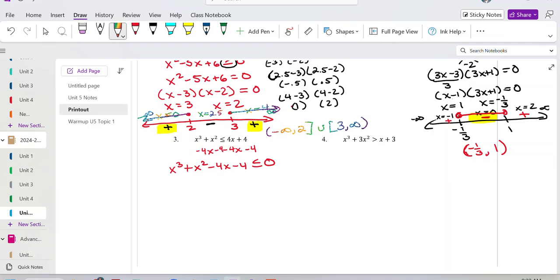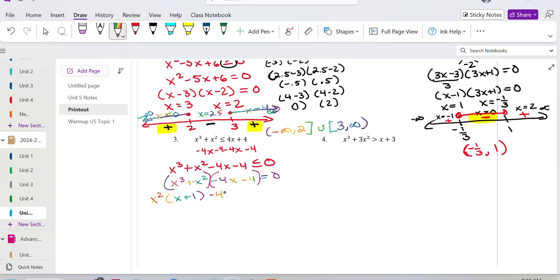Remembering that when there's 4 terms, we are going to group. So we group the first 2 and the last 2. So factor out an x squared here, you get x squared plus 1.